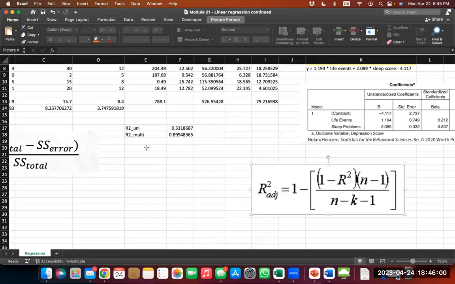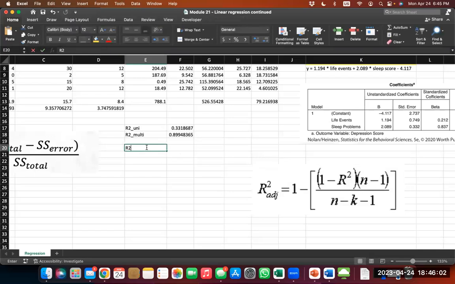So to calculate R squared adjusted, that's 1 minus R squared multiplied by n minus 1, which is 9, divided by n minus k minus 1.